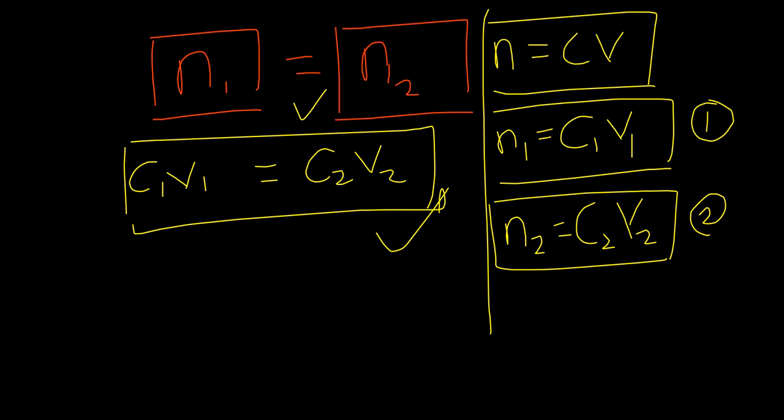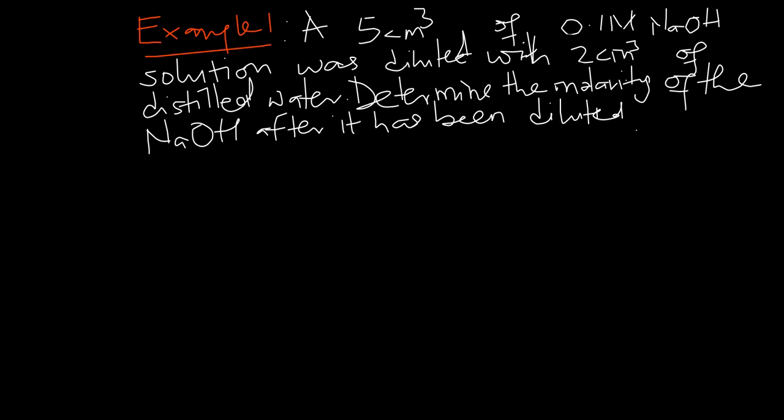In example number 1, we are given this question: a 5 cm cube of 0.1 molar sodium hydroxide solution was diluted with 2 cm cube of distilled water. Determine the molarity of sodium hydroxide after it has been diluted.